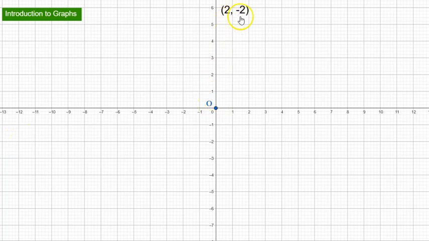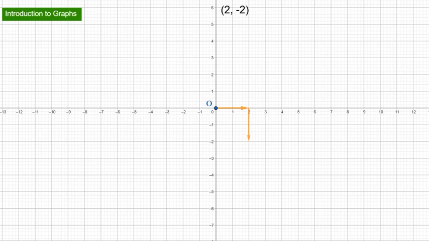And to plot the point (2, -2), we go to the right because it is a positive number: 1, 2. So that is going in this direction, 2 units. Then -2. Up is positive, down is negative for the y values. So we go 2 units down.